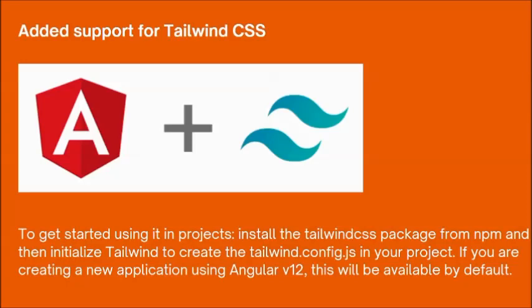This will help to develop any styles directly in markup instead of creating separate classes. To get started using it in your projects, install the Tailwind CSS package from npm and then initialize Tailwind to create the tailwind.config.js in your project. If you are creating a new application using Angular version 12, then this will be available by default.